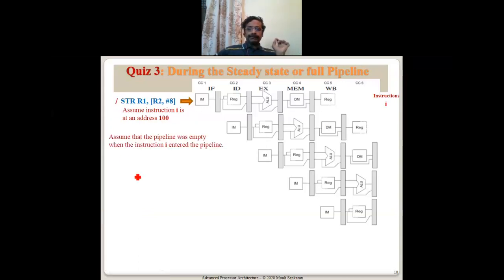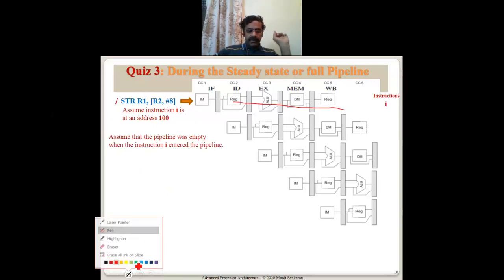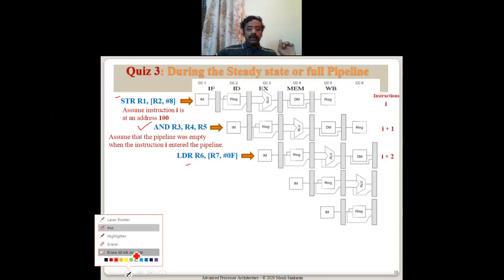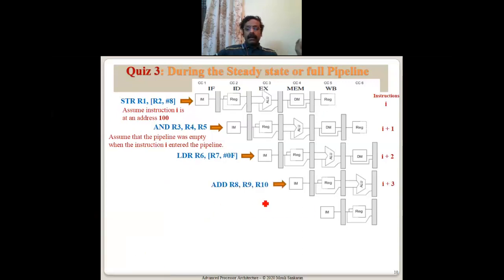I am assuming the pipeline is empty before, okay, to make our life simpler. Another instruction is this one, this load. This is a load instruction, this is a store instruction. You know the syntax and what it is supposed to do, and a couple of other instructions. Now only this is new, but don't worry, it is nothing but a constant coming along with the instruction which is to be stored in R11.